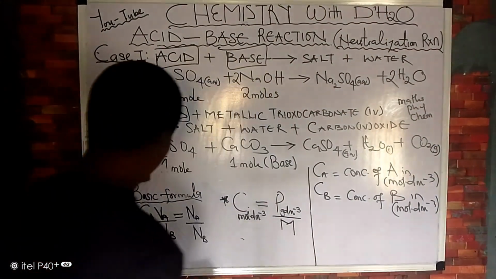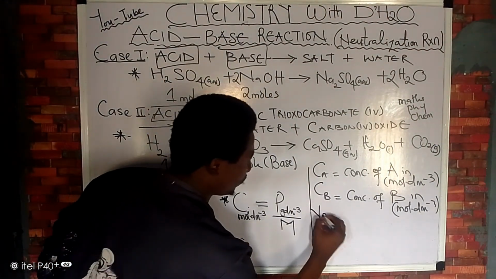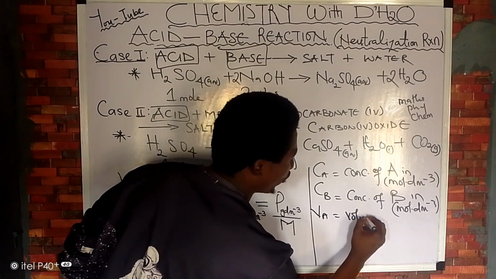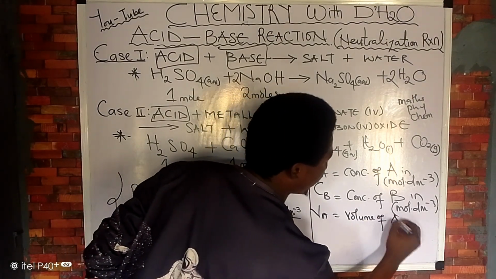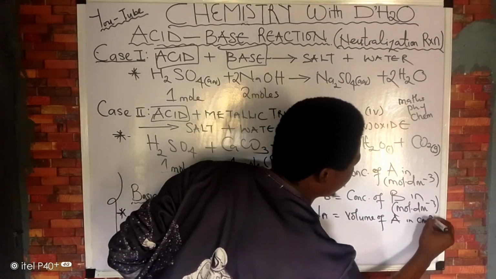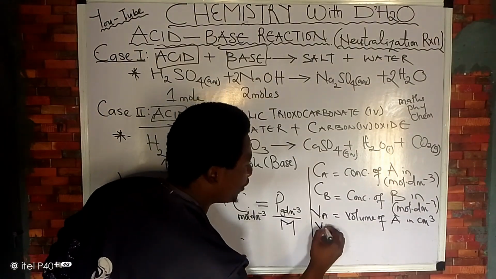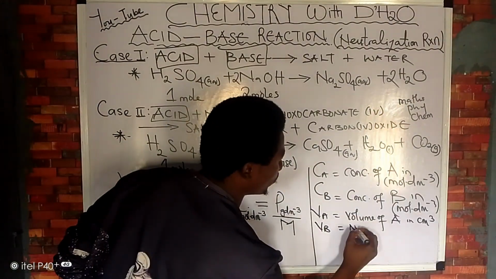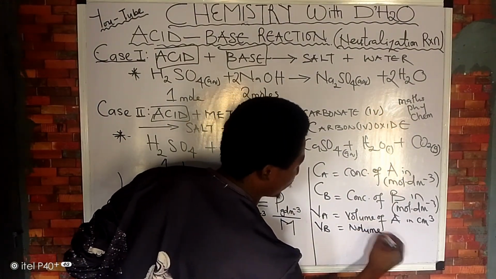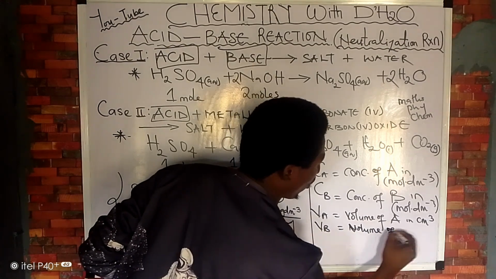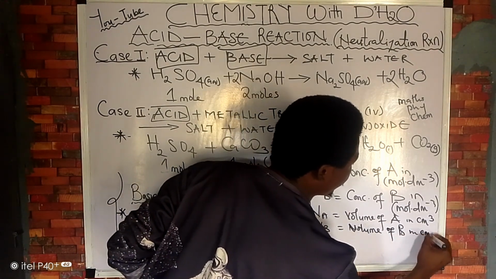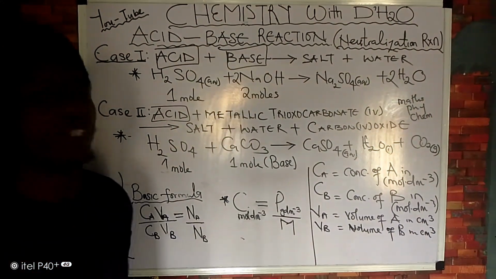Then Va is known as the volume of A in cm cube. Vb is known as the volume of B in cm cube. Please, it must be noted.